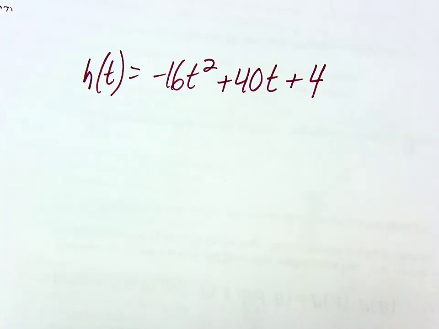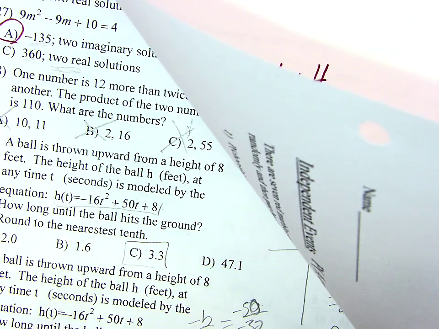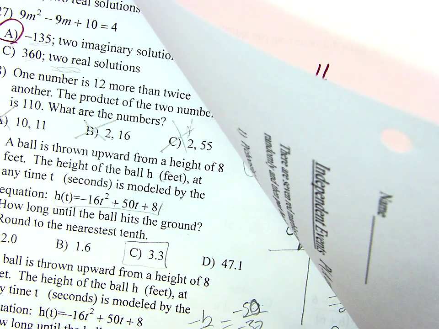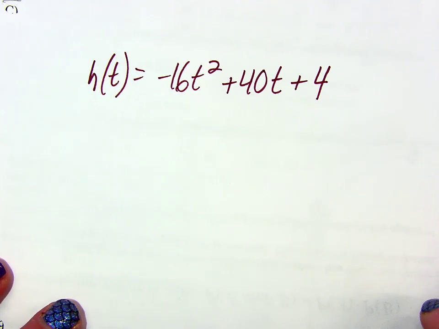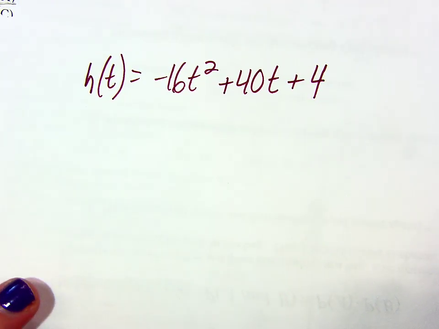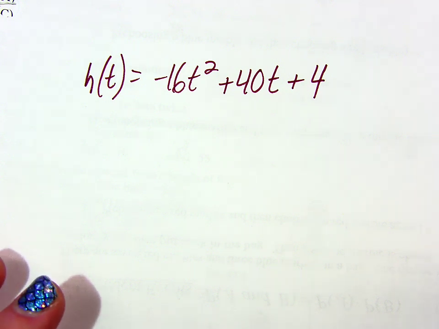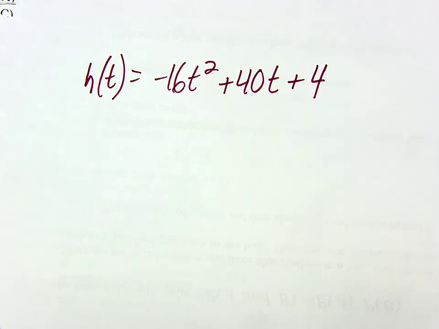Okay, everybody. Let's say this is your equation. So this is the same style question as 29, 30, and 31, but we've already done them. So we'll do this one. And I'm going to ask you these random questions. There's really only so many questions that I could ask about this thing. You're going to have some ball, it's being thrown up in the air.